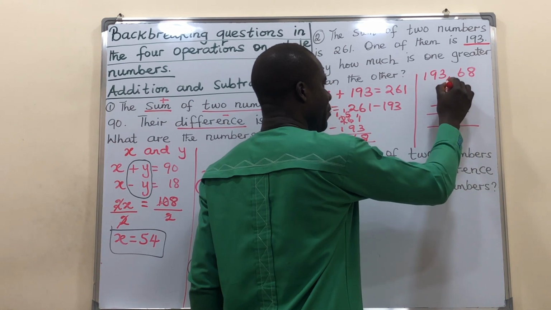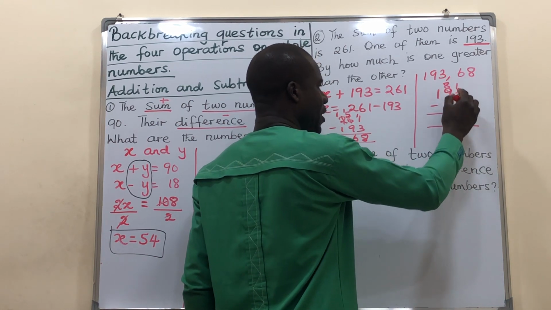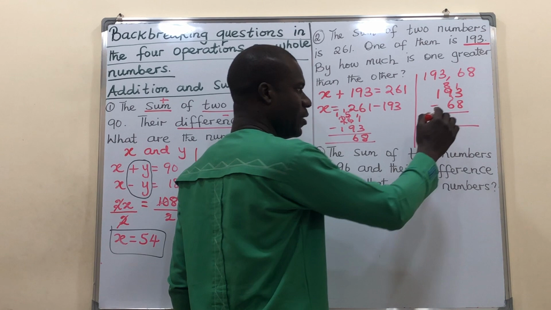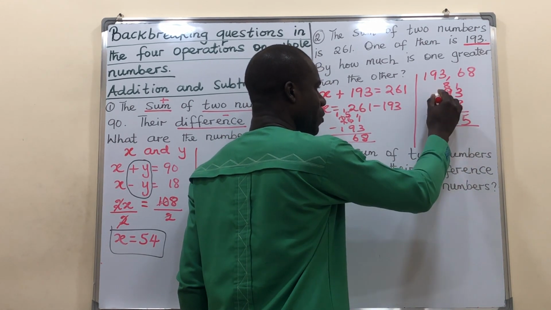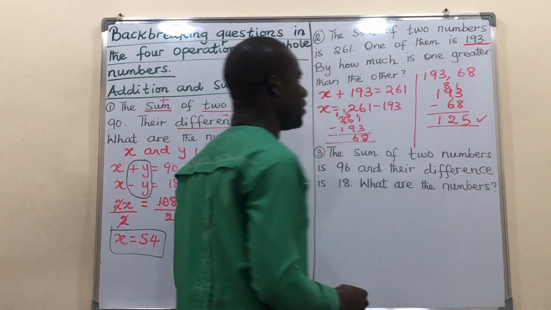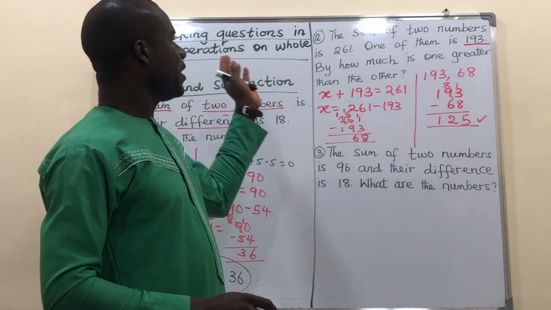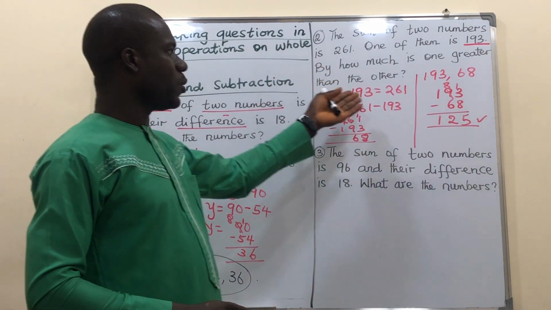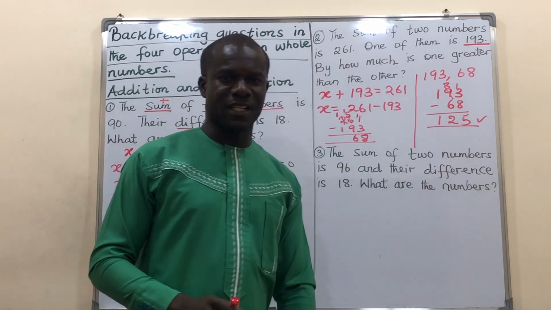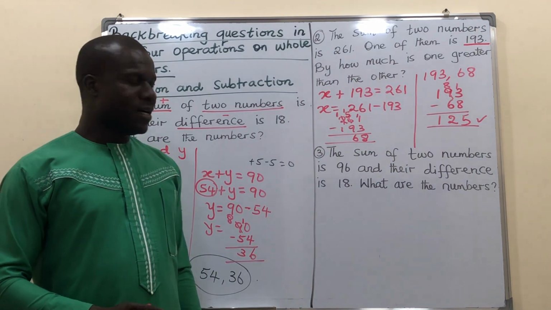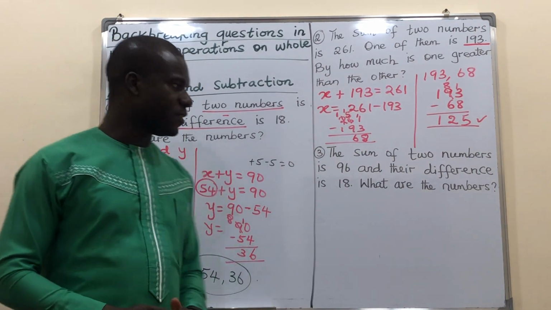Borrow 1 from 9, 9 becomes 8, put it here, 13. 13 minus 8 will give us 5. 8 minus 6 is 2, bring down this one, so this is my answer. So, the bigger one is greater than the smaller one by 125.